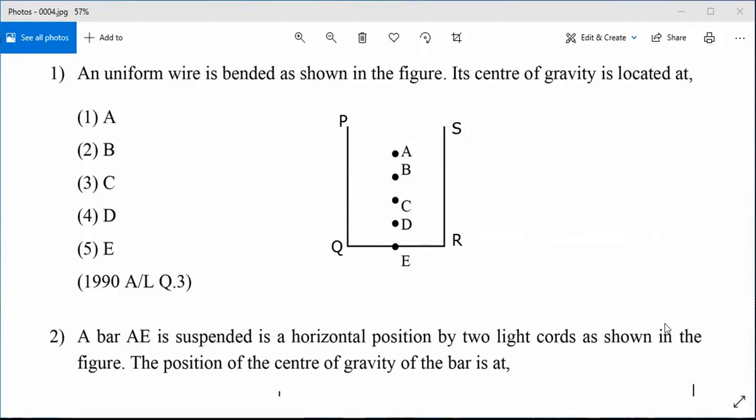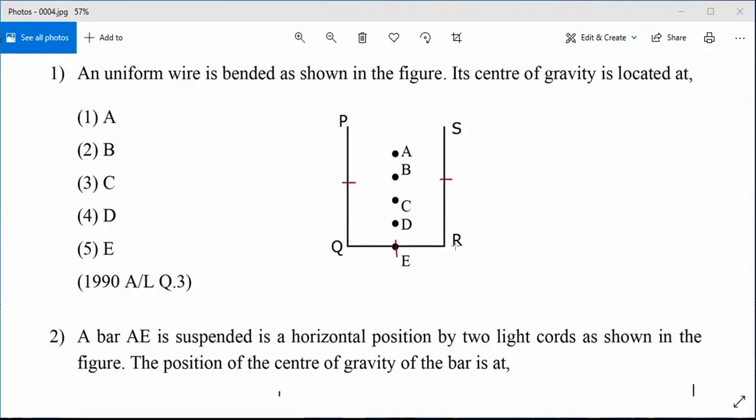Where should be the center of gravity of the PQ rod, dear? Middle, sir. At the center. Very good. Center of gravity of PQ rod should be at the center, somewhere here. Where should be the center of gravity of SR rod? Center, sir. At the center. Where is the center of gravity of QR rod? At the center, that is letter E.